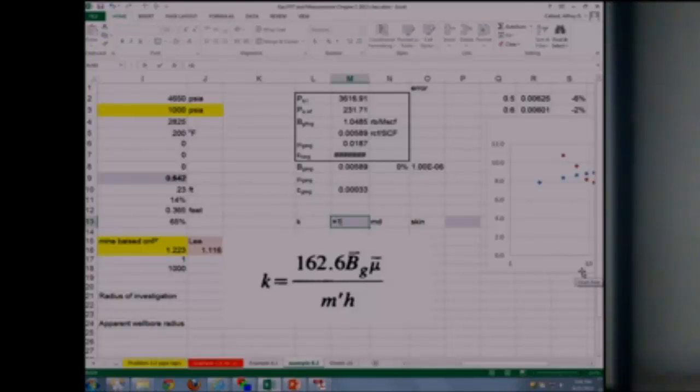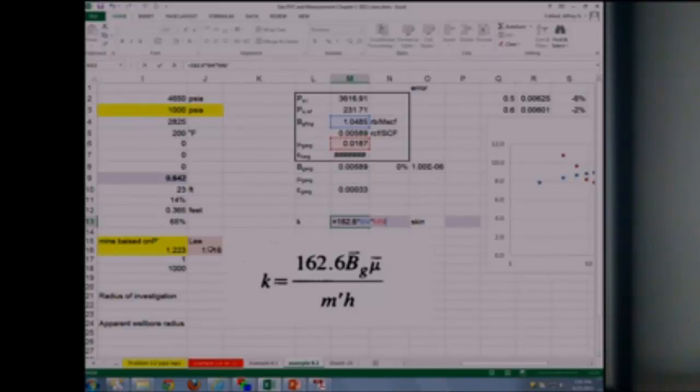Equals 162.6. Now, we're going to use the B sub G that they gave us in the textbook, not the one I calculated in reservoir cubic feet per standard cubic feet, because they're using the oil reservoir permeability equation adapted for gas. So I'm going to use reservoir barrels. Viscosity is the same in oil and gas, it's in centipoise. Divided by my slope.